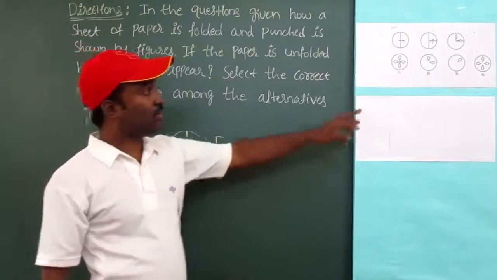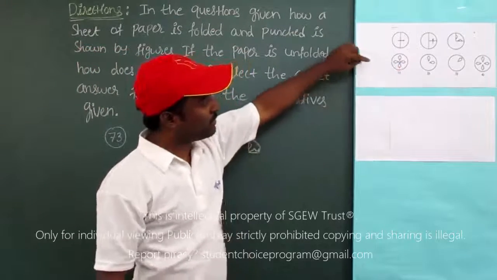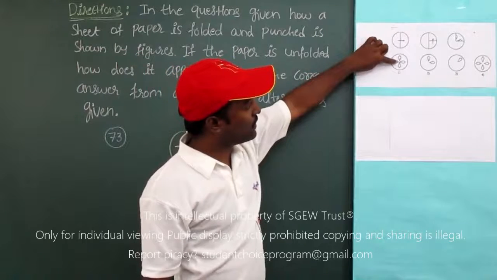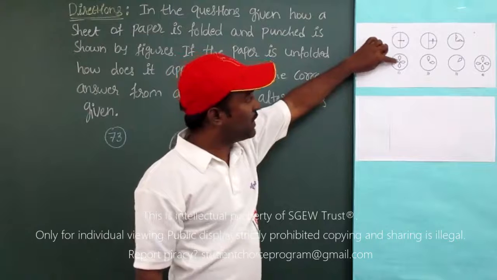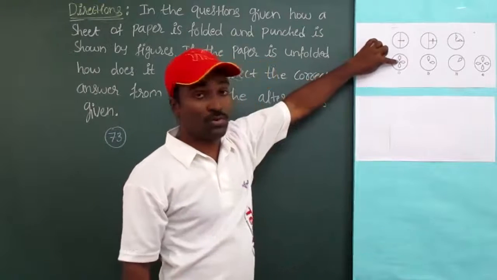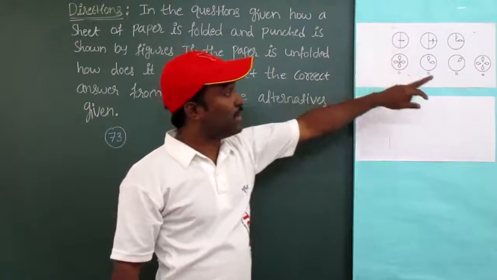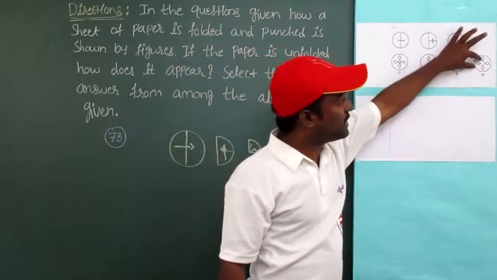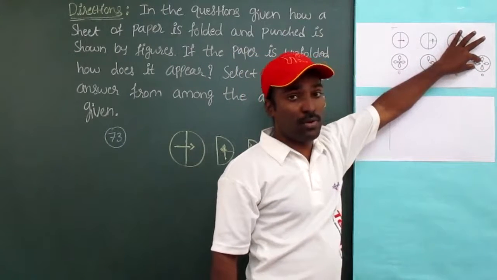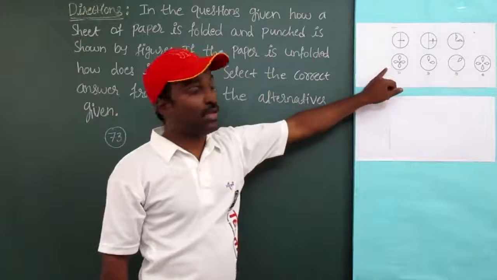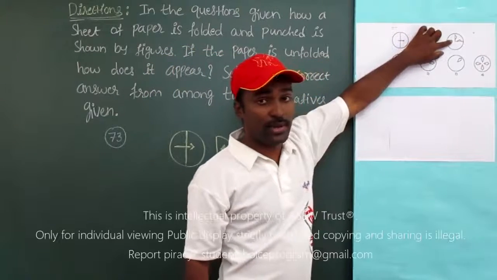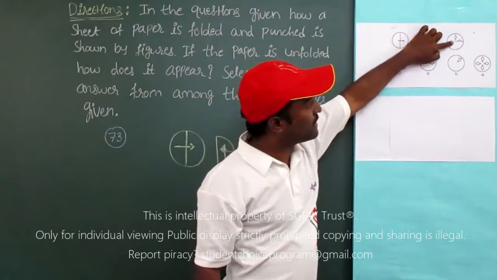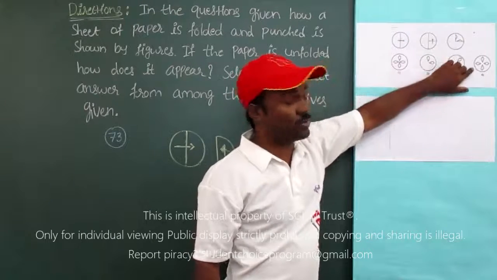If you observe carefully, in the first option the holes are very close to each other, with very narrow space between them. But in the fourth option, the space is a little more compared to the first option. And the punch made in the folded paper has exactly the space present in the fourth option.